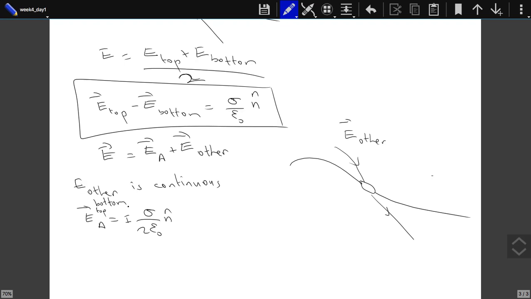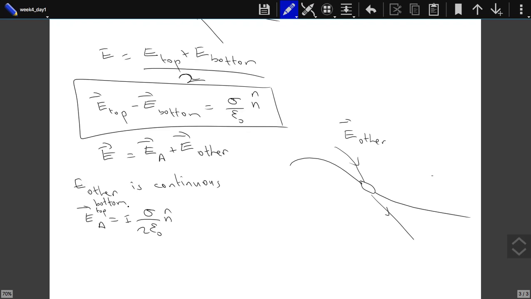On the bottom it's in the minus n direction. So you have this very small patch. But if you are very, very close to this patch, almost on the surface, the patch is almost infinite compared to your distance from the patch. It is almost a uniform, flat, infinite plane.